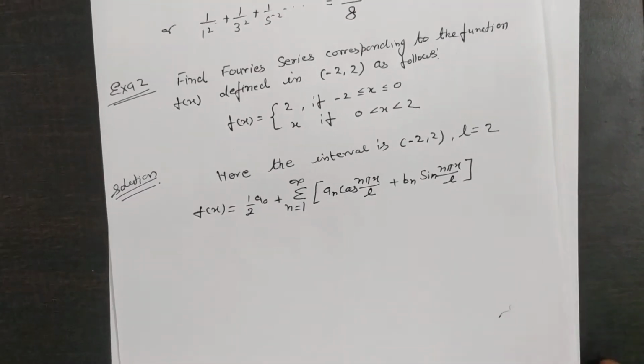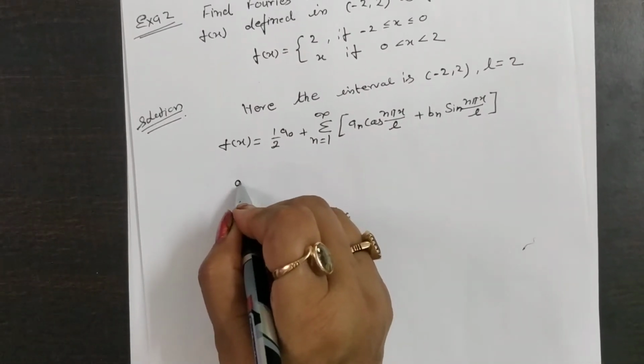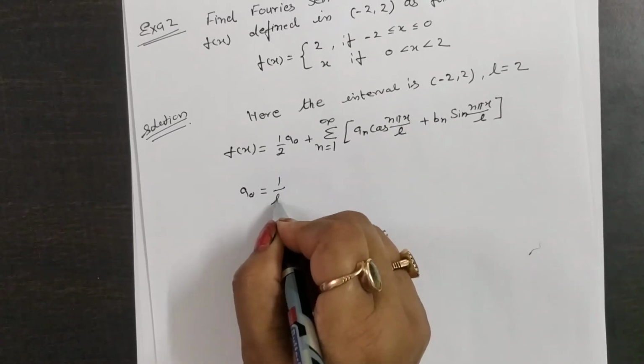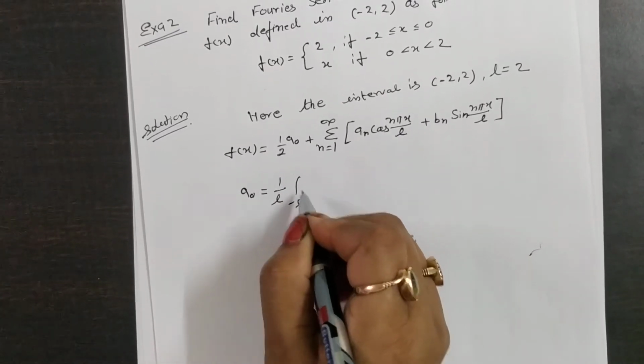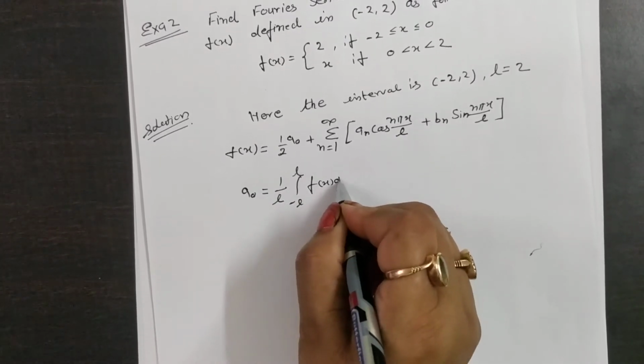Here a0, as proved earlier, is 1 by L times the integral from minus L to L of f of x dx.